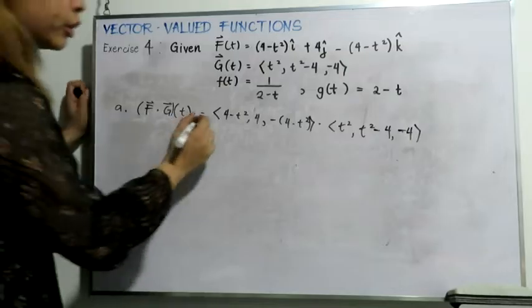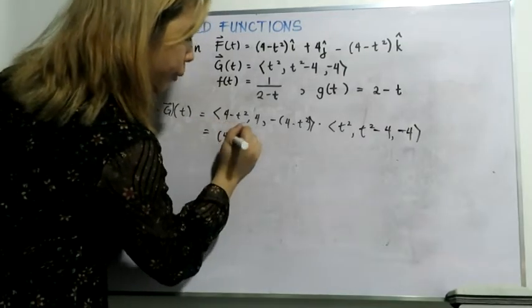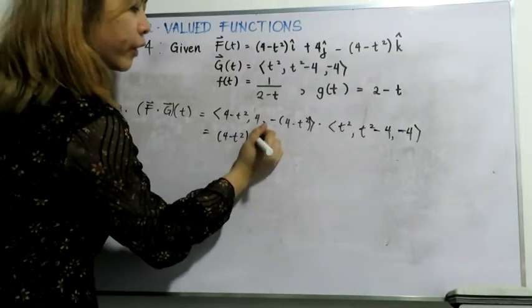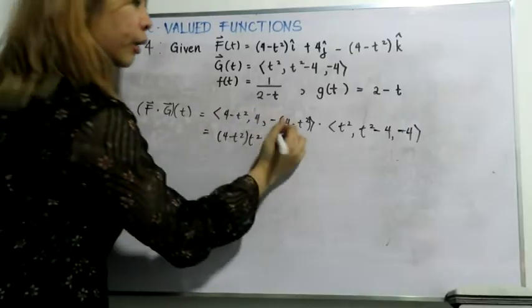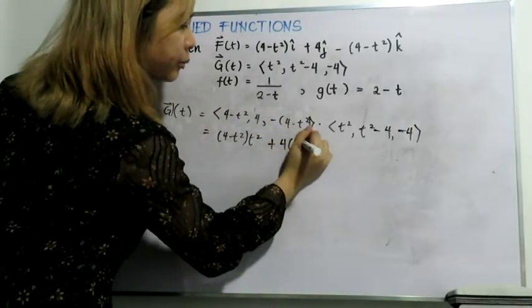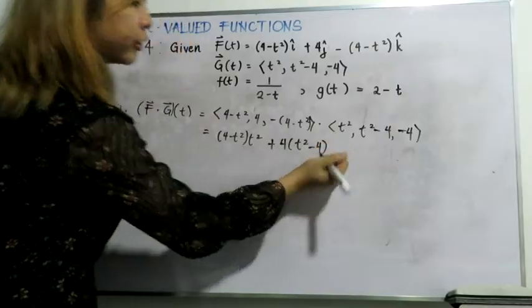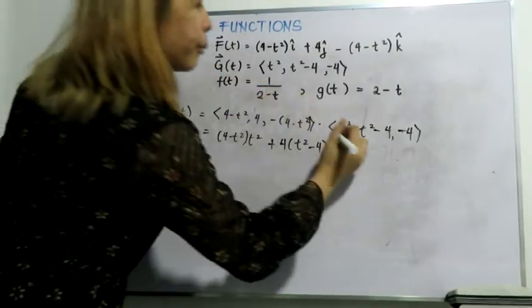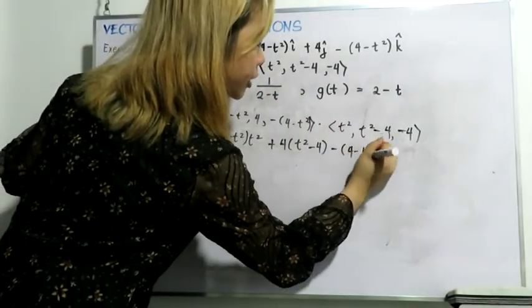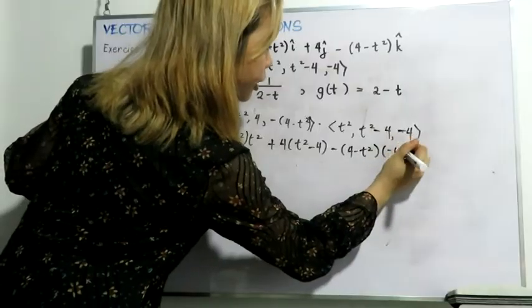Thus, we have 4 minus t squared times t squared plus 4 times t squared minus 4 minus 4 minus t squared times negative 4.